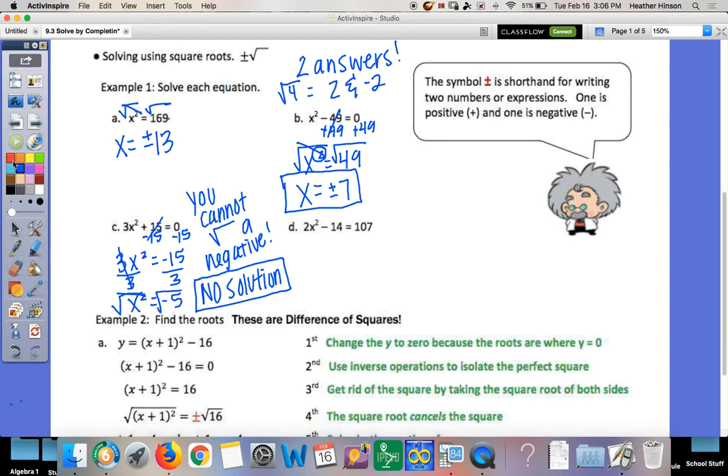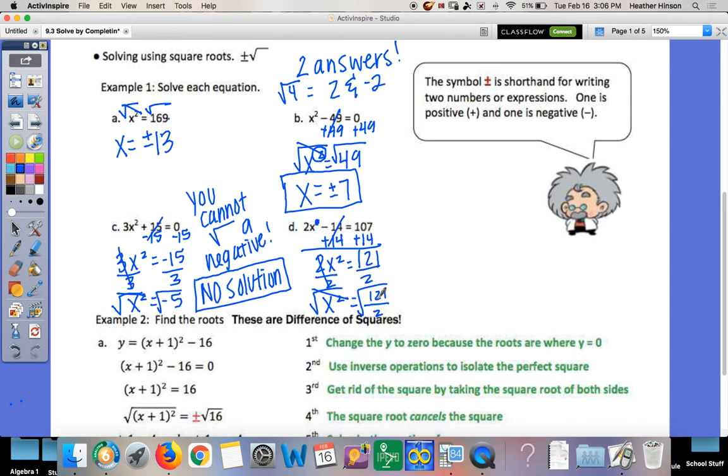Okay, and D. If this squared was in here, how would you solve this? You would add your 14. So 121. Divide by 2. And then take care of that squared last by square rooting it. Now, we don't know the square root of 2.